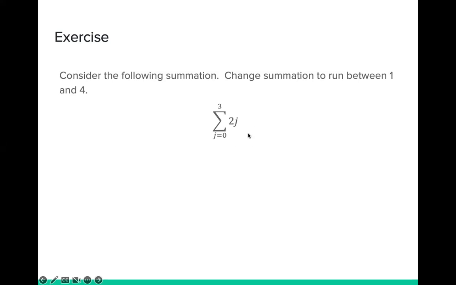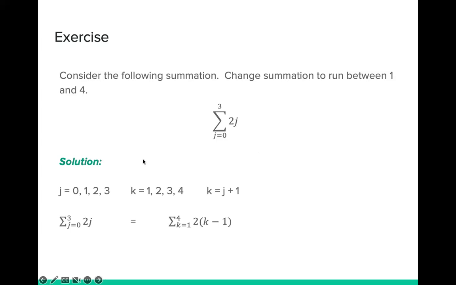So again, we are shifting the index of the summation by 1. Okay, so initially j is equal to 0, 1, 2, 3. And we want to shift it to 1 to 4. So k is basically just equal to j plus 1. Okay, so we are simply adding 1 to the value of j.